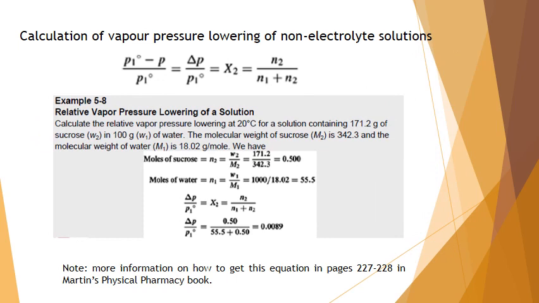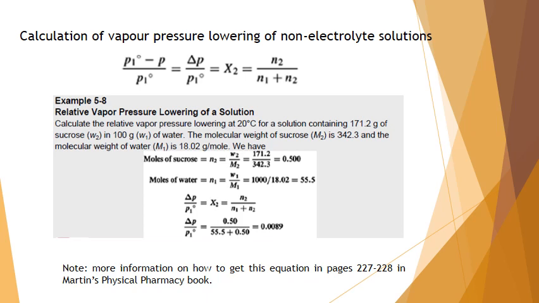Now this slide is showing how to calculate the first colligative property, which is the vapor pressure lowering of non-electrolyte solution. Before going into the details of the calculations, I just wanted to give you some information on why the vapor pressure lowering is important for us.